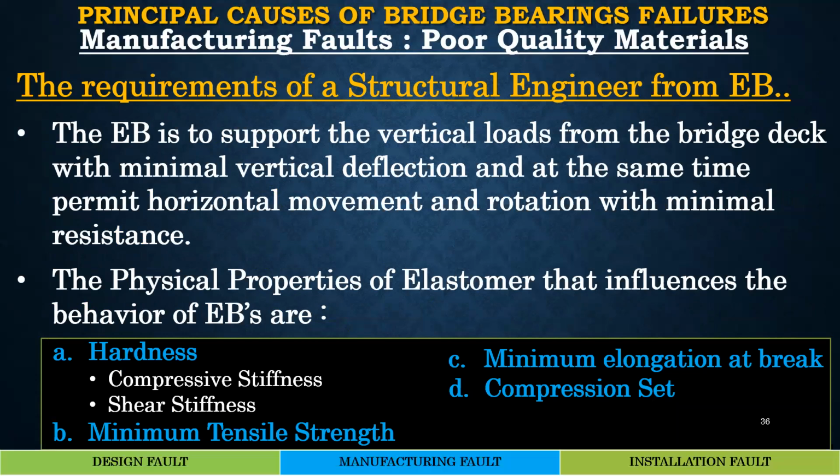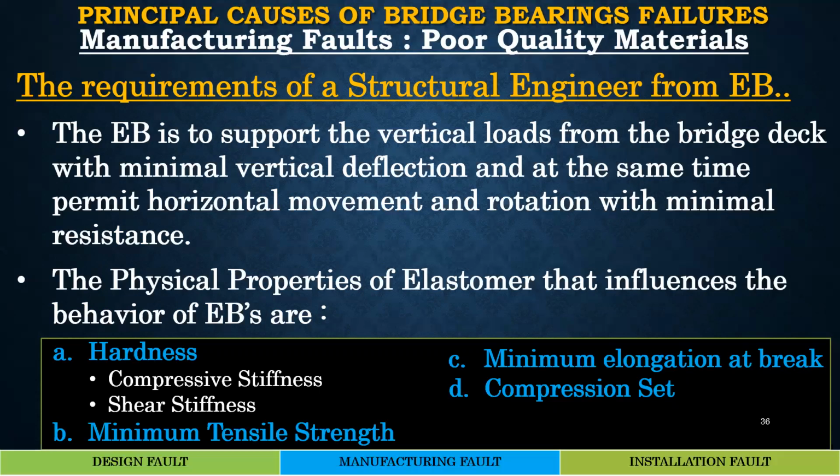Bottom line, as far as the structural engineers are concerned, as I mentioned, we are not rubber technologists, so we structural engineers only understand the few physical properties which influence the behavior of elastomeric bearing. So we only see the end product and compare its hardness, its tensile strength, its elongation at break and compression set, and decide whether the elastomer is performing or non-performing.